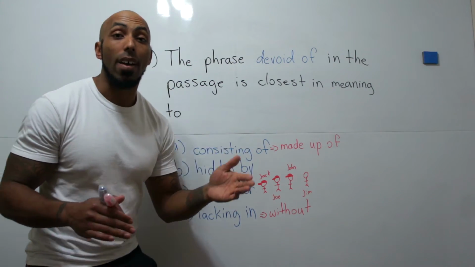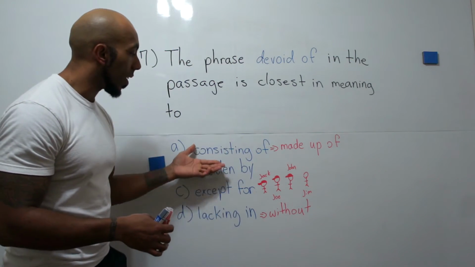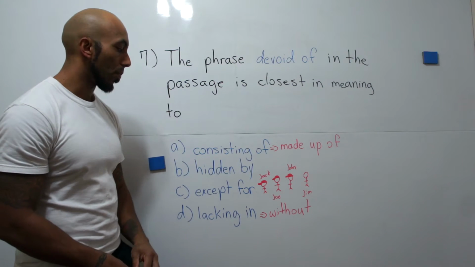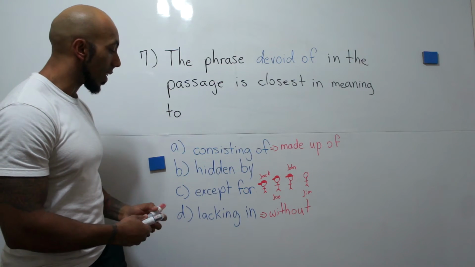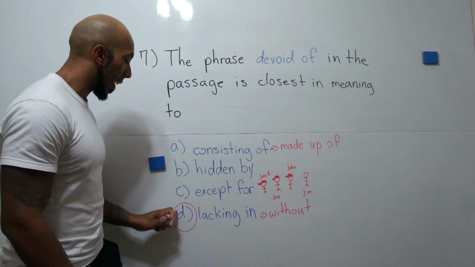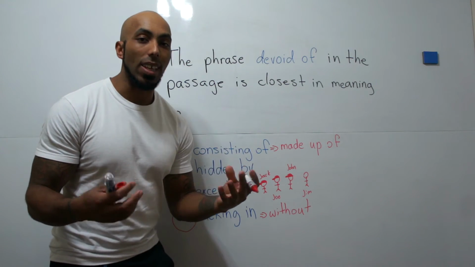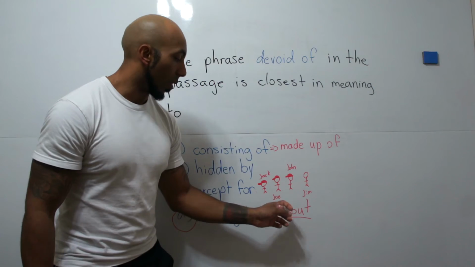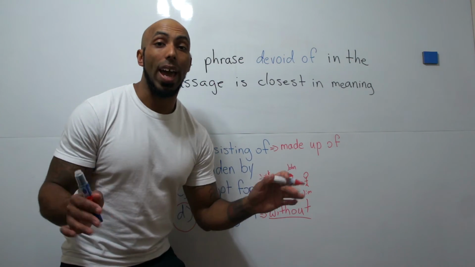So you don't have anything. Which one of these is closest in meaning to not having anything? That would very easily be lacking in, because if you don't have anything, you are without it. Without just means you don't have.